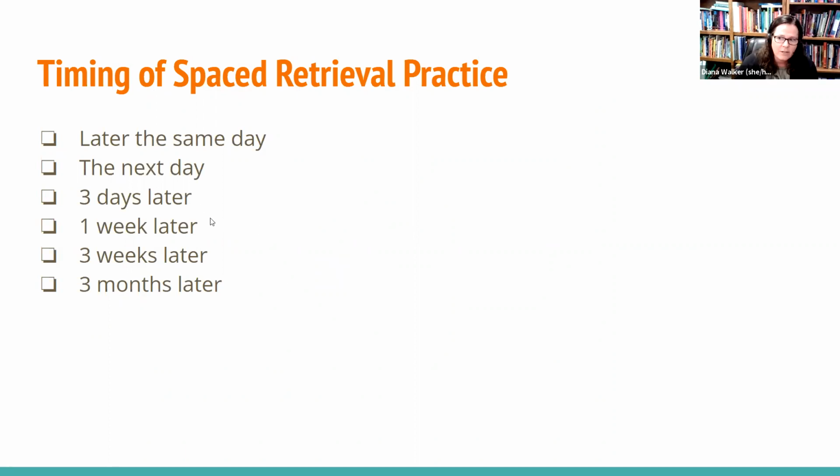The 3 days later, 1 week later, 3 weeks later, 3 months later, there's a little bit of variability in that. We do know that the next day is important. 3 days or 1 week are about the same. And then 2 to 3 months later.